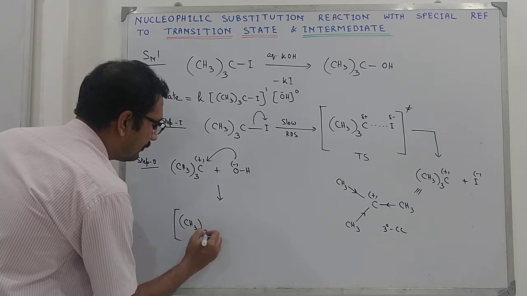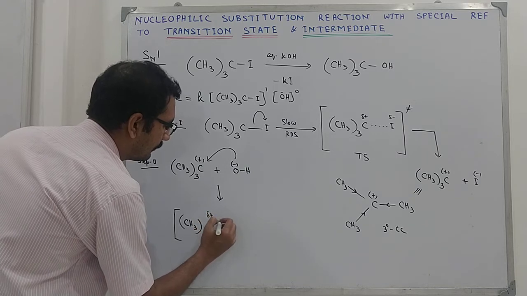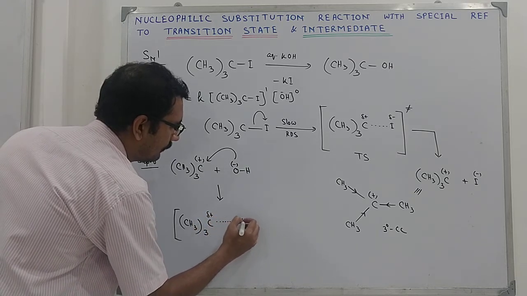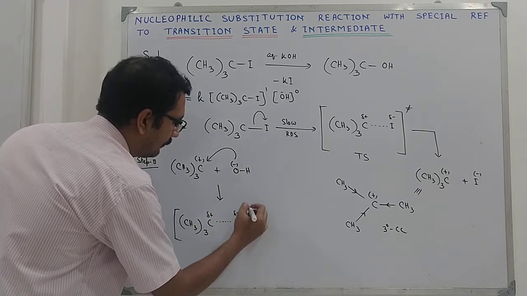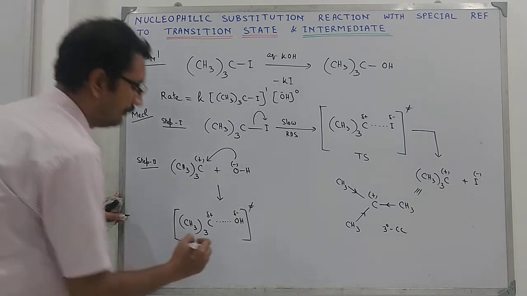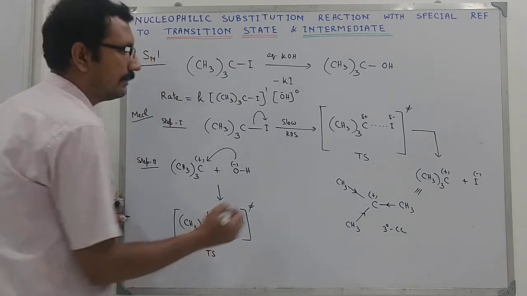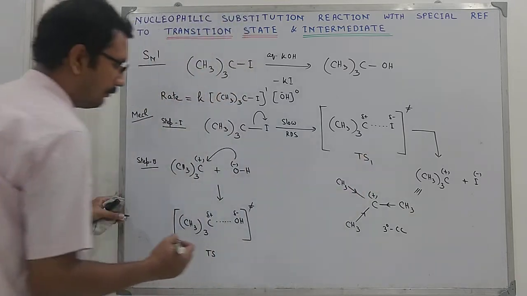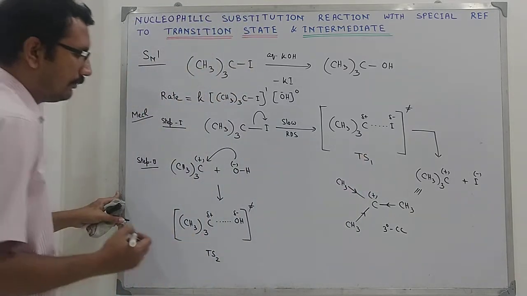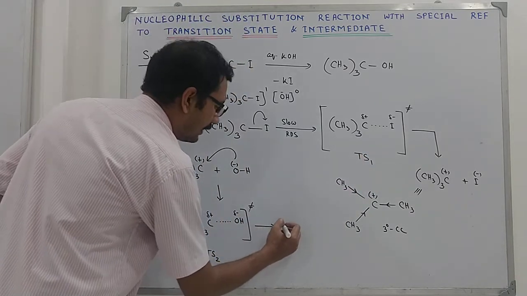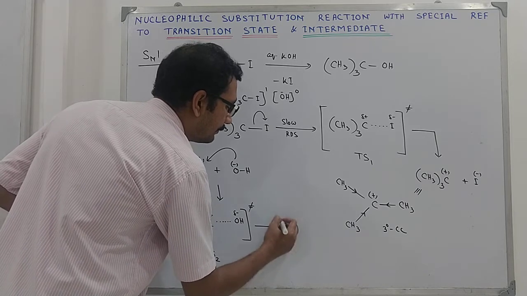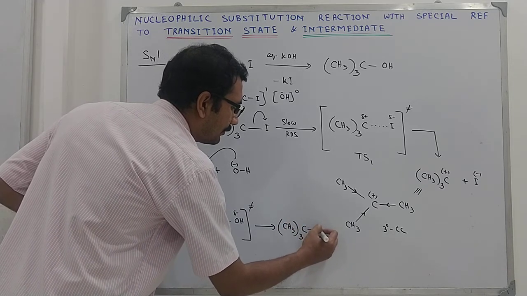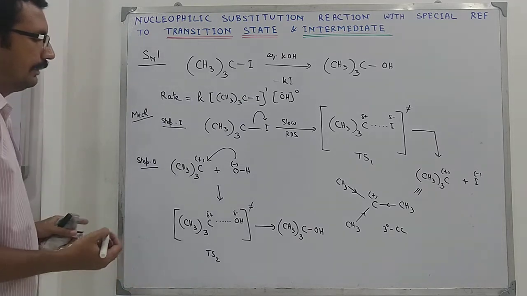Here it is the attachment process. Since there are 2 transition states, we are referring to one as 1 and the other as 2, and then gradually it will lead to the formation of the product, that is tertiary butanol.